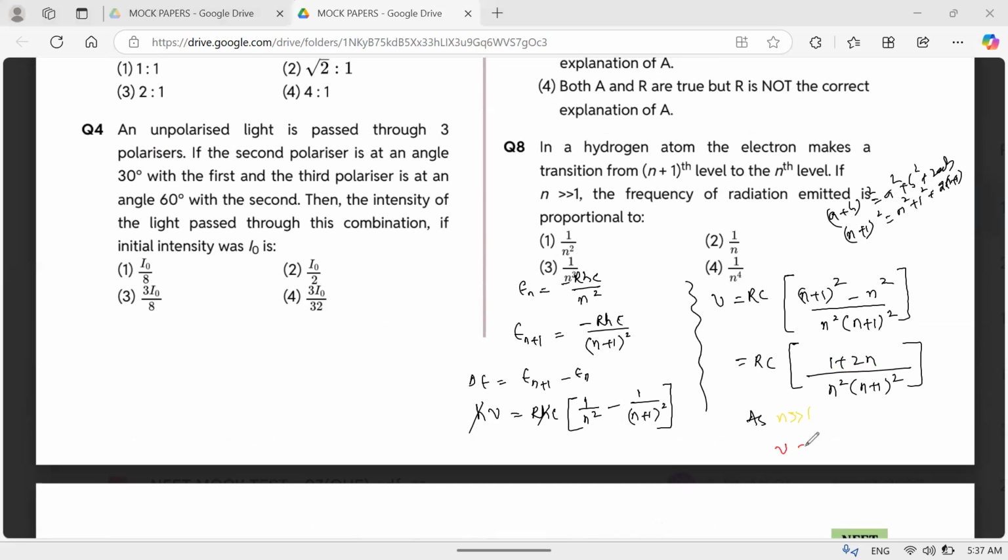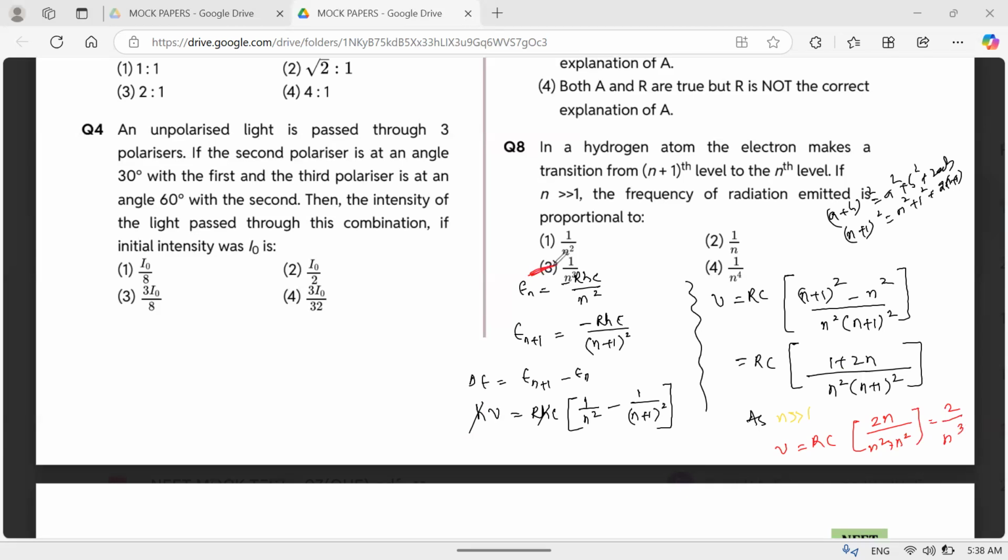Frequency nu will be equal to RC into 2n divided by, this value will be how much? n square, and in this one, since n is much greater than 1, here also it will be n square. So this is n power 4, and with n it means it will be equal to 2 divided by n cube. That means it is inversely proportional to n cube.